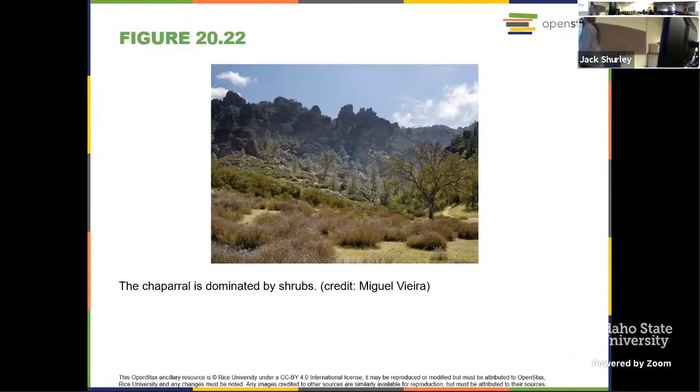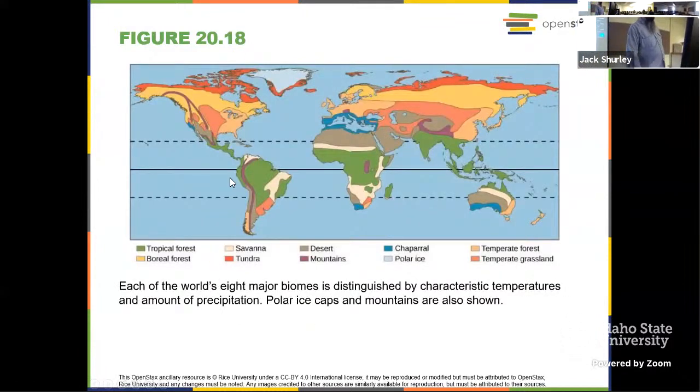These areas, and let me flip it back to this map real quick, where we see chaparral, like Southern California. As we look over here and we're thinking some Mediterranean regions, all of these areas, and over here, there's some other bits as well.